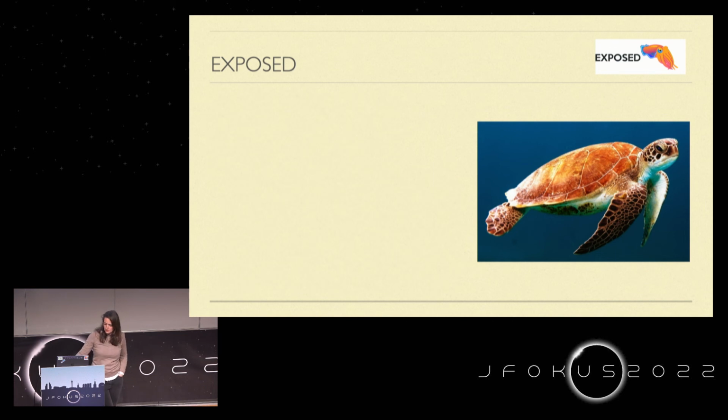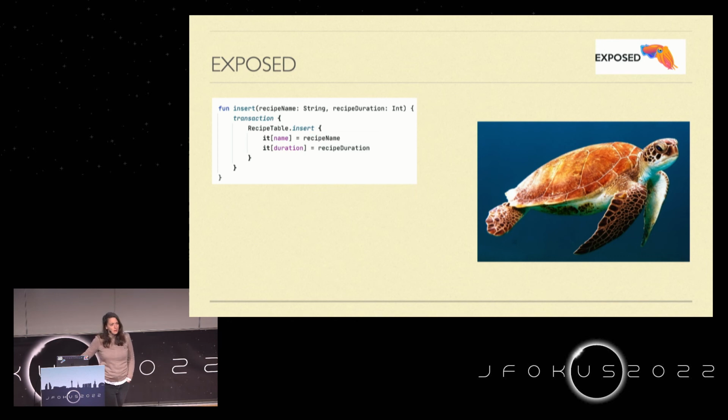Then let's have a look at how we can query on the database, because we're choosing Kotlin, so we're choosing DSLs. So to do an insert, we can just call the recipe table object. We don't need to initialize it, it's an object, and then doing an insert. We need to use a transaction block to have our database transaction.